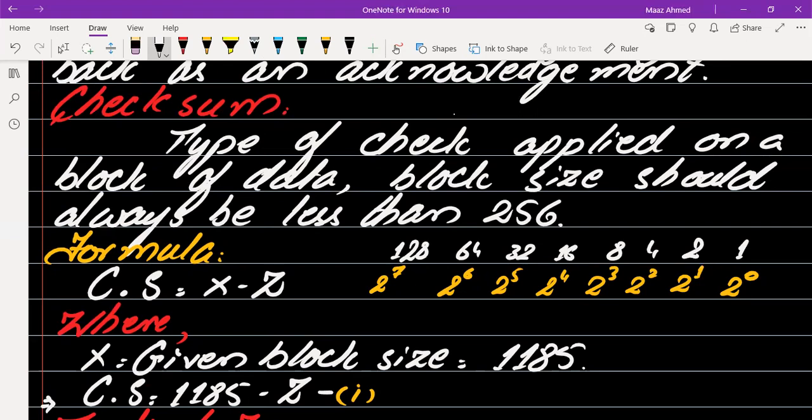Yes, any idea? 256. No. Just calculate that. Come on, people. 128, 64, 32, 16, 8, 4, 2, and 1. Just add them all together. What is the answer that you guys are getting? Come on, guys.